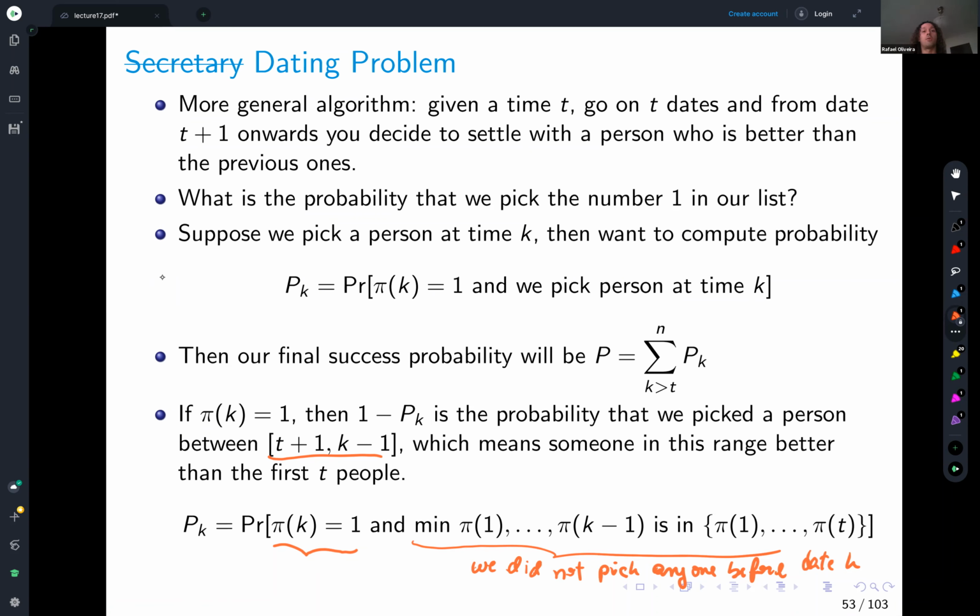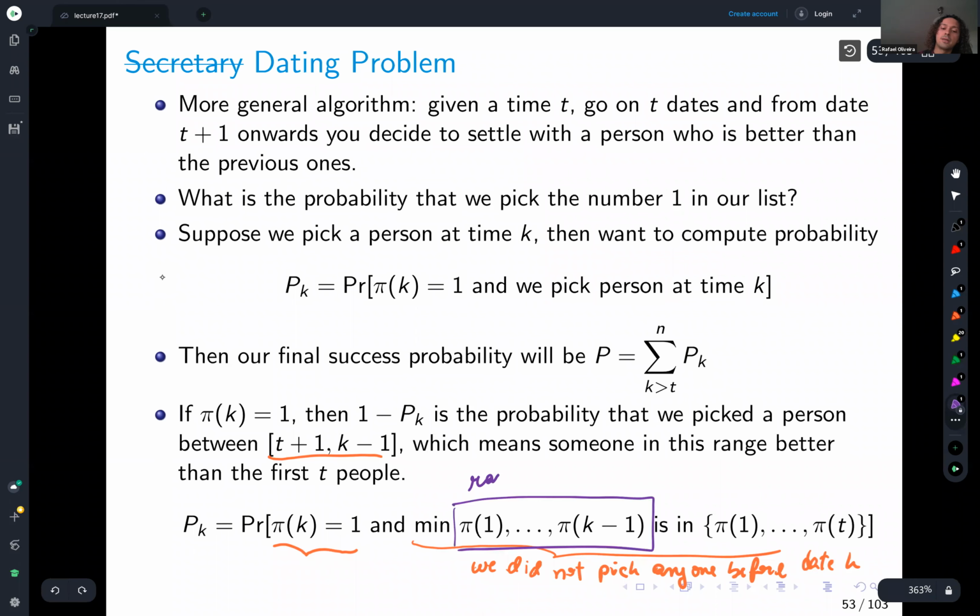Well, mathematically, what is our algorithm doing? Remember, the best rank is the smallest rank, correct? That's the best rank. So the only way our algorithm is not going to pick anyone before k is if the minimum of the ranks of all the dates up to date k minus 1, this minimum, the best person up to step k minus 1, was actually in the first t people.